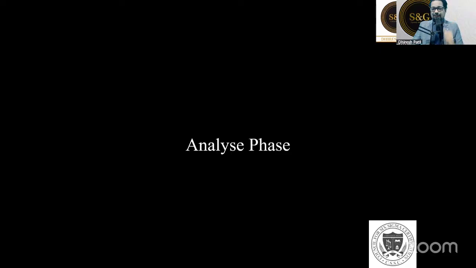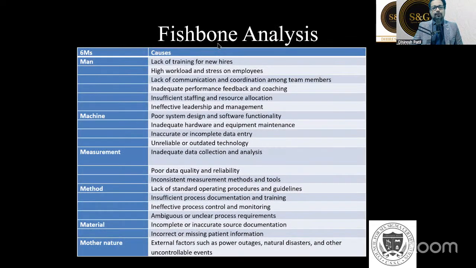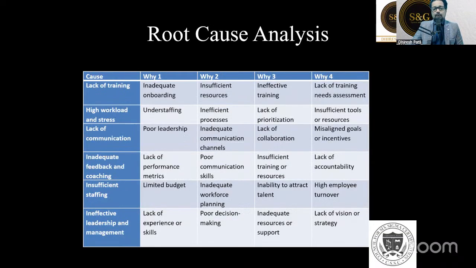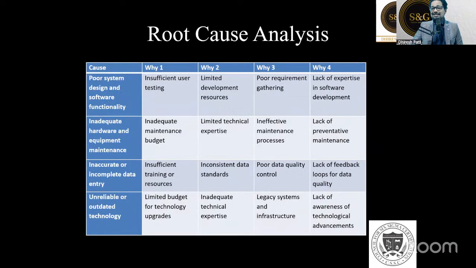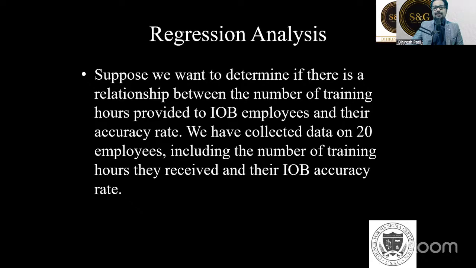In the analyze phase, we do the fishbone analysis: man, machine, method, measurement, material, mother nature, everything. These are called the primary causes. Then they did the root cause analysis, which is why-why analysis. Fishbone and root cause analysis are the important ingredients of this. Once the root cause analysis is done, those people validated the root causes.